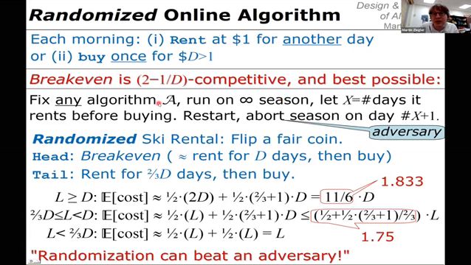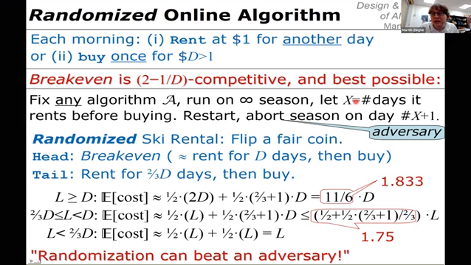We determine the behavior of the algorithm on one explicit sequence, namely the sequence that has skiing weather all the time, and we capture that behavior into one number x. That's the number of days that this algorithm rents before making a purchase, and then we execute that algorithm again.